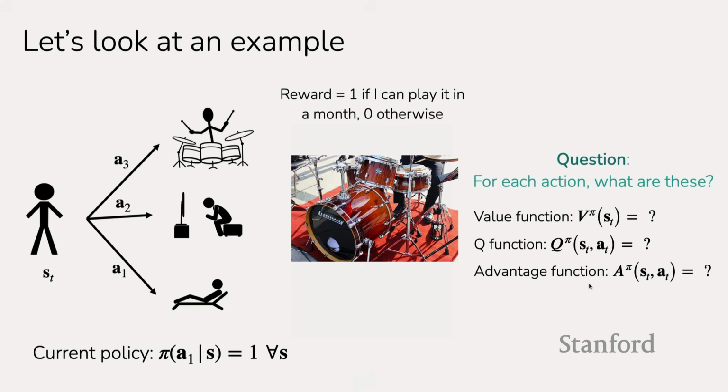For the value function, for this particular policy that's always sitting on the beach, the value is 0 because the person would not learn to play the drums. So that's the sum of expected rewards for V pi. For the Q function, if you sit on the beach at the current time step or watch TV, the Q function will be 0 for those actions. Whereas the Q function for playing the drums at the current time step would be 1 if that amount of practicing is sufficient.